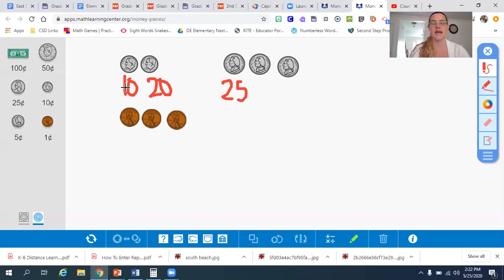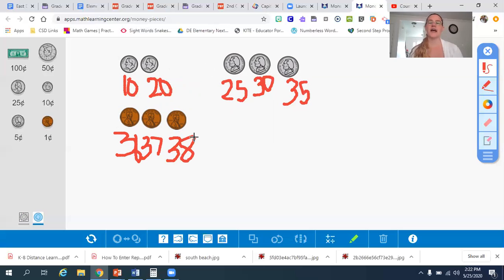Okay, count by fives. 25, 30, 35. Then the pennies: 36, 37, and 38.